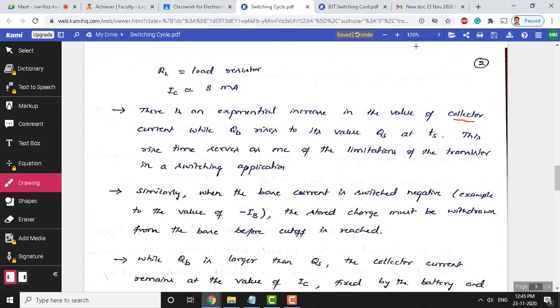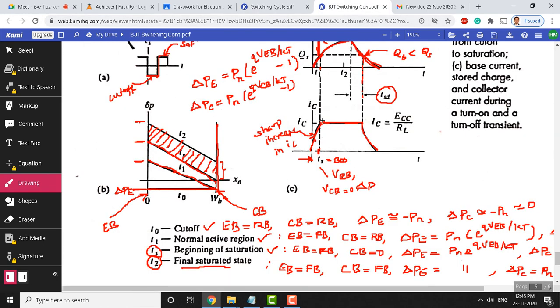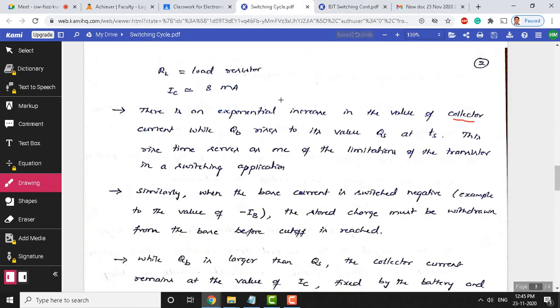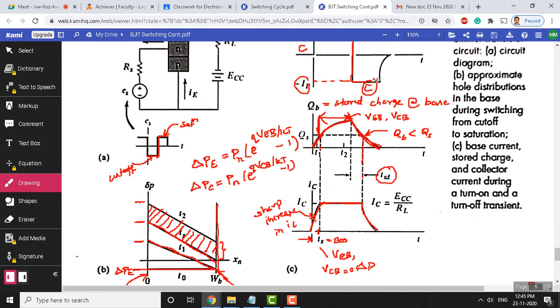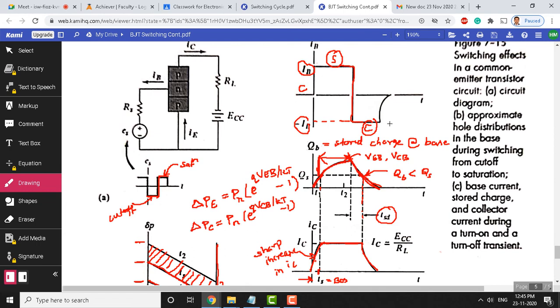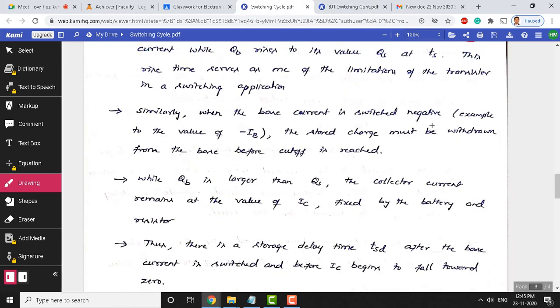We expect the collector current to rise sharply and immediately, but this offers some delay. Even though it rises exponentially, the rise of the collector current takes place only after some time. Similarly, when the base current is switched from positive to negative, the stored charge must be withdrawn from the base before cutoff is reached.